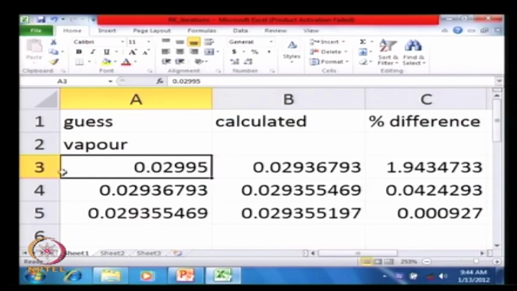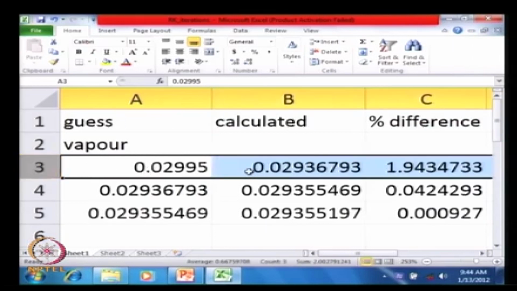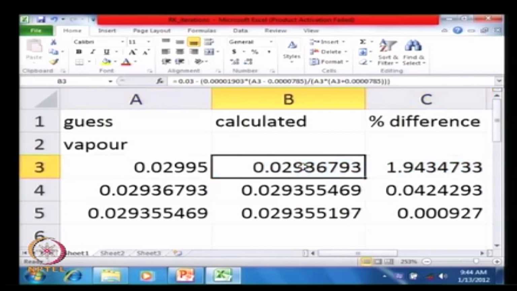0.02995, this value, and then if we calculate all those terms, RT by P plus B and so on, whatever was in the right hand side, we would get 0.02936793. You do not have to worry about too many things. The way we calculated is given here. These are the terms on the right hand side.